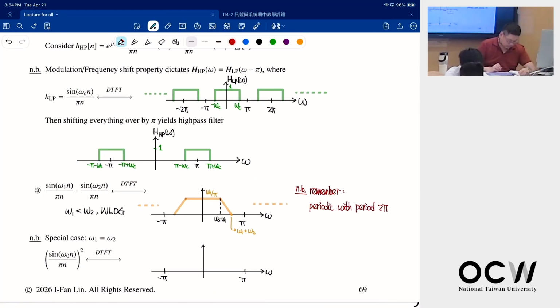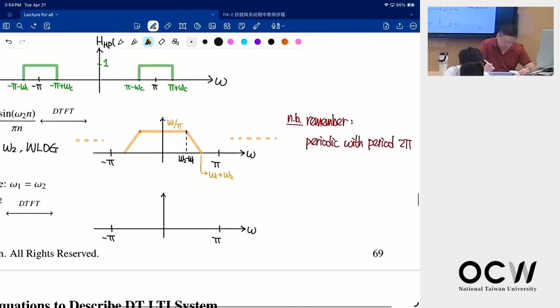If their frequencies are the same, omega 1 equals omega 2, just say that's omega naught, then the trapezoid becomes what? A triangle, right?